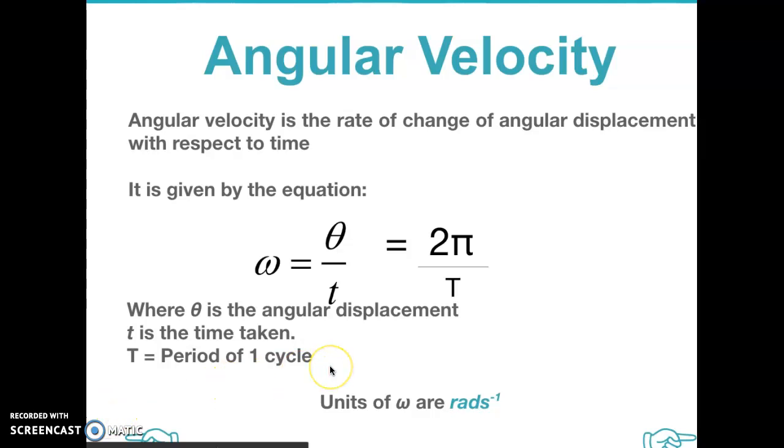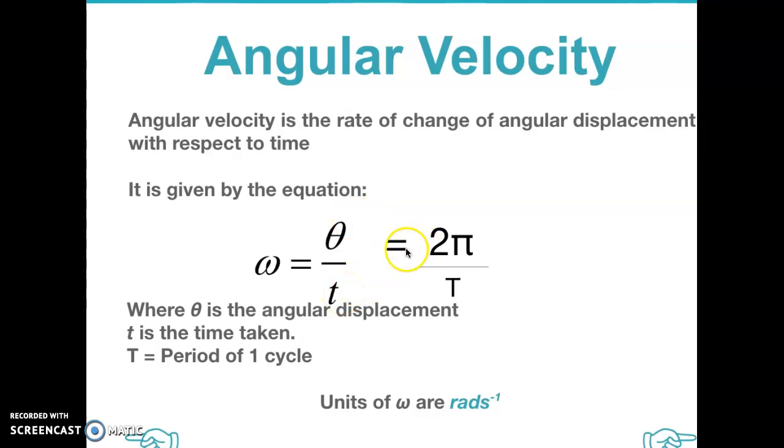Angular velocity is the same idea, but this time considering that angular displacement. Angular displacement over time gives us what we call angular velocity, sometimes referred to as angular speed, but it's the same thing. The angular speed or velocity, omega, is equal to the angle that's swept out in radians over time.